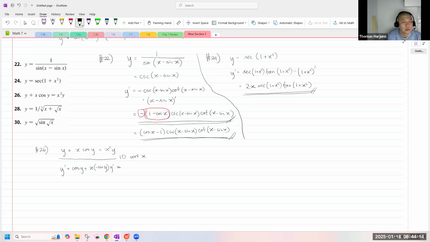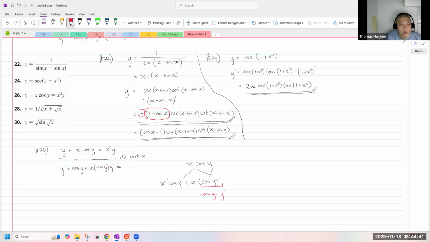Let me slow down. For x cosine y, we do product rule, right? So there will be the derivative of x times cosine y plus x times the derivative of cosine y. Now the derivative of cosine y, however, is negative sine y times the derivative of y.